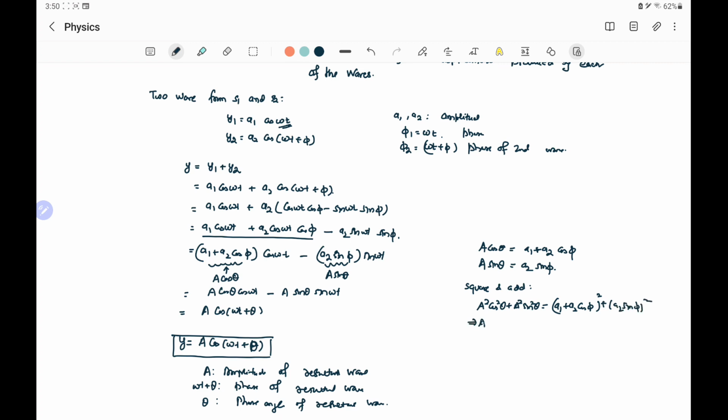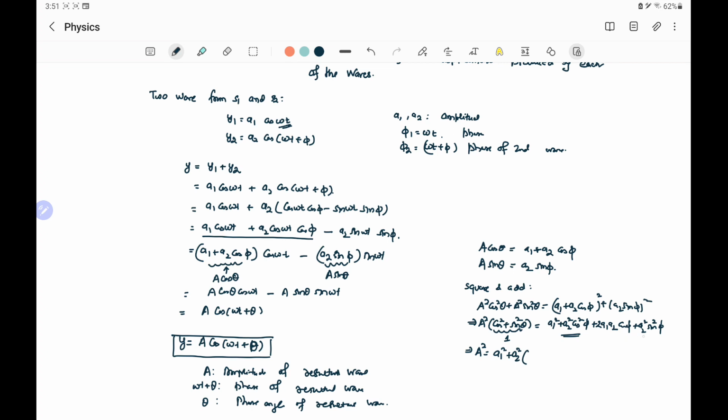This implies A square (cos square theta plus sin square theta) equals, on expanding, a1 square plus a2 square cos square phi plus 2 a1 a2 cos phi plus a2 square sin square phi. By identity, cos square theta plus sin square theta is 1, so A square is equal to a1 square plus a2 square.